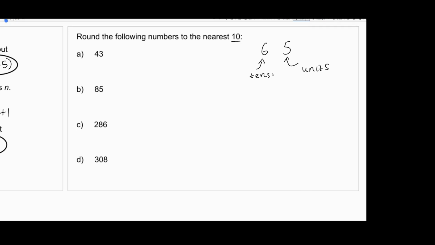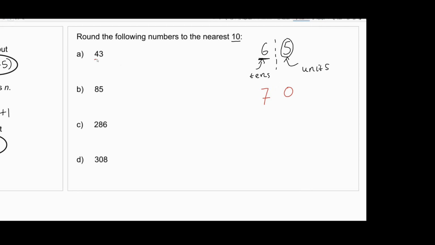If I wanted to round it to the nearest 10, I would underline the 6, draw a dotted line, and then look at the unit. That unit is 5, so it tells the 6 to round up. So we would end up with 7 in the tens, and then everything after that dotted line becomes 0. So to the nearest 10, that would be 70.